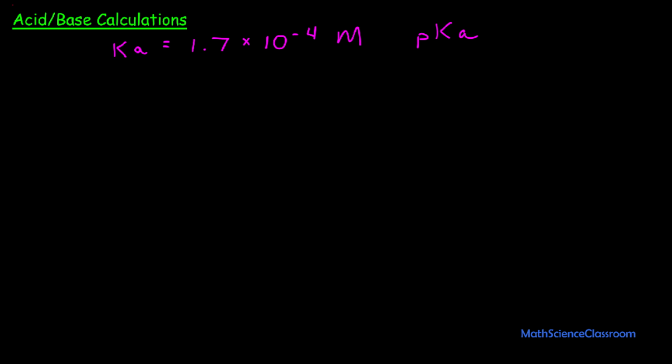So let's write that down. pKa equals the negative log of Ka, equals the negative log of 1.7 times 10 to the negative 4th power.